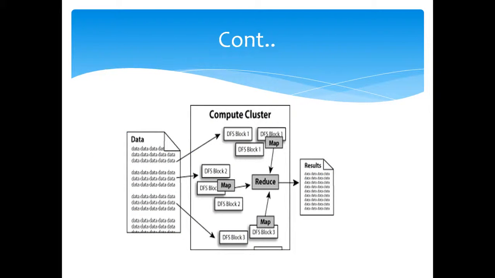This is a diagram showing how the data is going to be divided and how we get the data. Let's say the huge data the user gives goes to the cluster. HDFS divides the data into different blocks. Here the data is divided into 3 blocks, and this is done by HDFS.